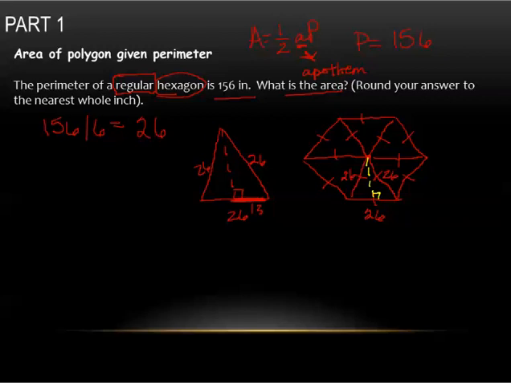So now I can use the Pythagorean theorem to figure out what the height of that triangle is. Well, my A is going to be 13. I'm looking for B, which is the height. And then my hypotenuse is 26. So what I'm going to do in my calculator is say 26 squared minus 13 squared.